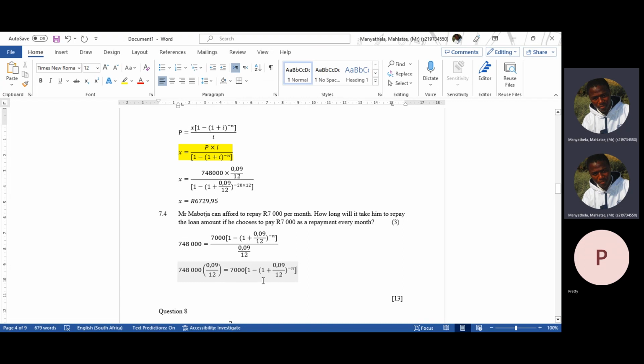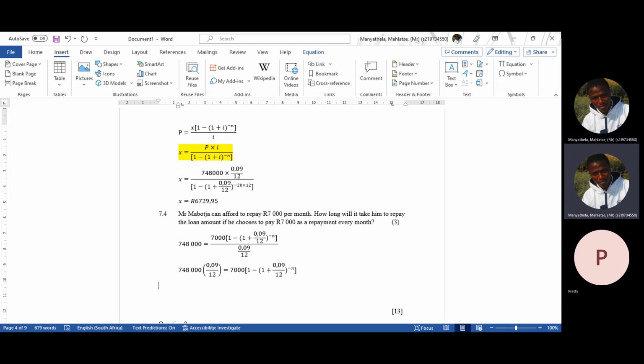So the next step, we're going to divide both sides by 7,000. So we're going to divide this side by 7,000 and also the other side by 7,000. Okay, firstly, let's simplify 748,000 times 0.09 over 12, and just put a simplified one here before we even divide.